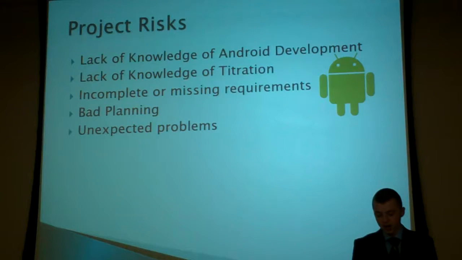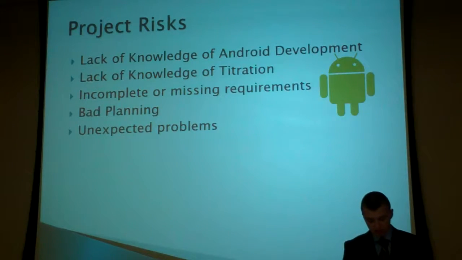The way we worked around the lack of knowledge of Android development was working with pair programming, and we actually had to deal with saving data and how to pass that through different activities, which was pretty challenging. And the way we worked with the knowledge of titration was getting help from Kevin, who's actually a student here, who's in chemistry, and Dr. Gott, who's actually our client, and he helped us with all the equations.